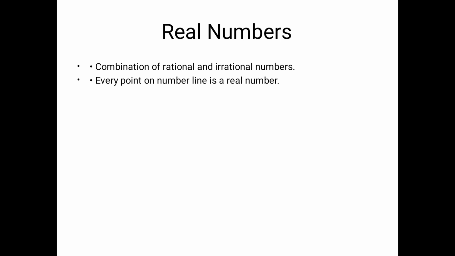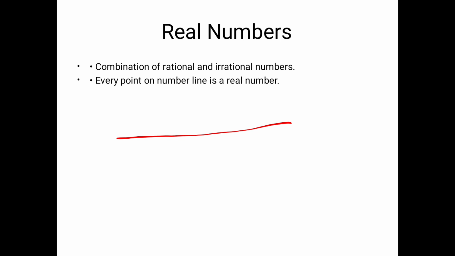They are the collections of rational and irrational numbers. So, if we consider natural numbers, whole numbers, integers, rational numbers, irrational numbers, we will get every number on a number line.